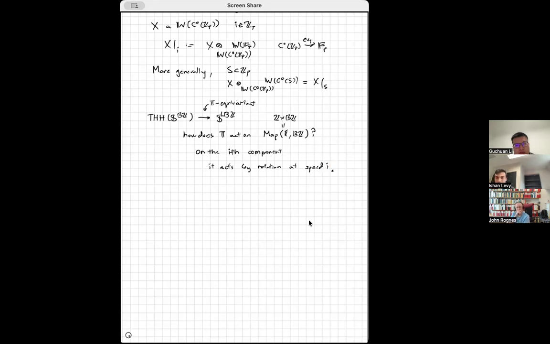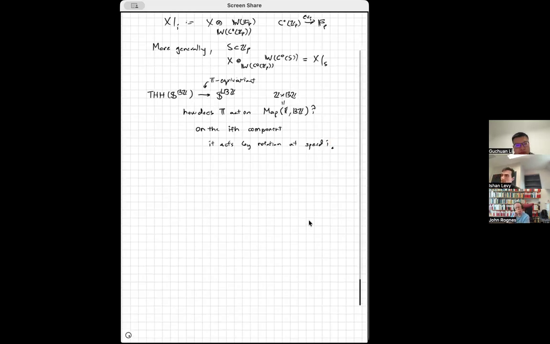In other words, it acts via the map modding out by the cyclic group of order i.